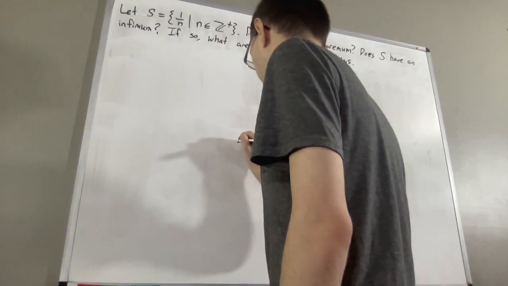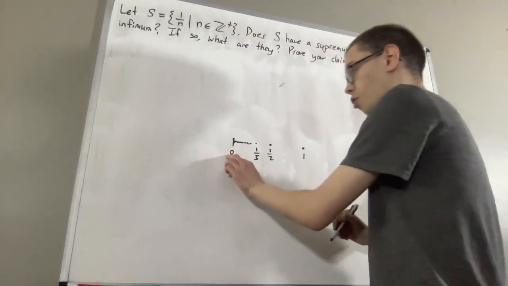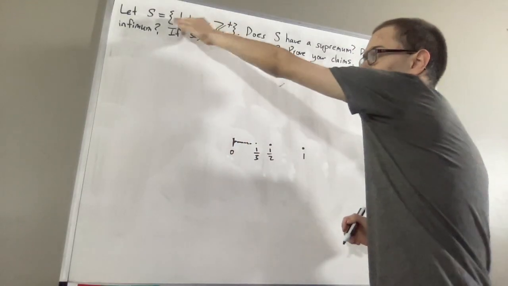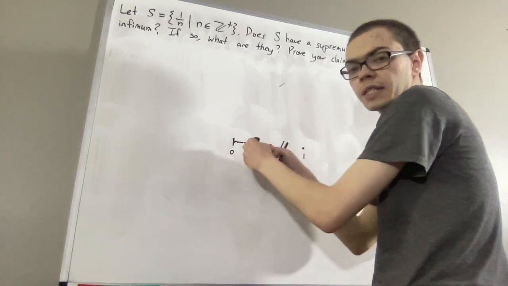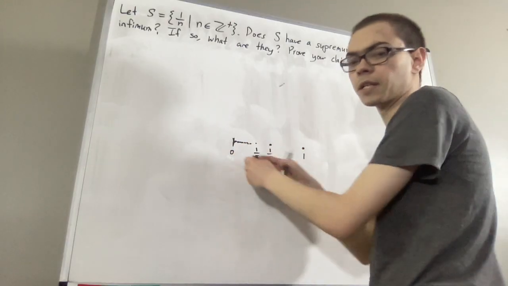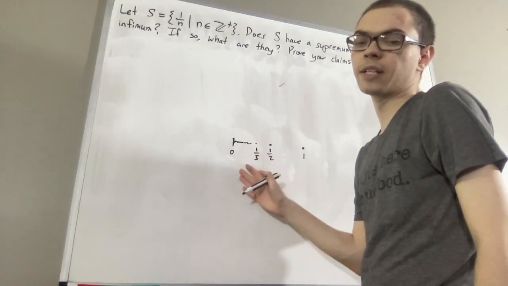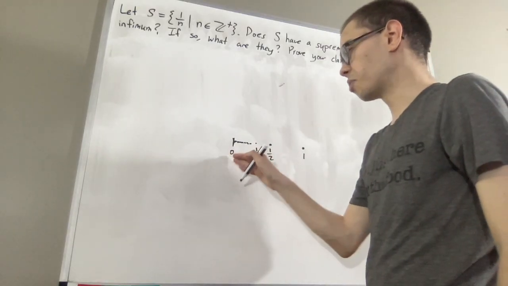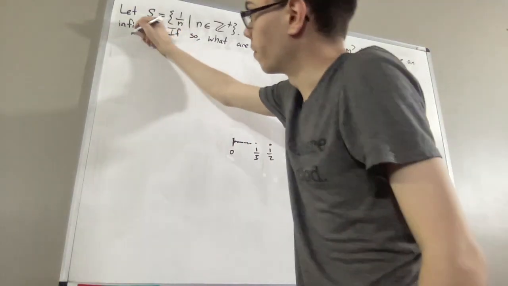1/4, and so on. It seems like we're going to get really close to 0. But 0 isn't an element of the set, right? 0 is definitely less than or equal to every element of the set. In fact, 0 is less than every element of the set. So 0 is going to be a lower bound of the set, but it seems reasonable to claim 0 is going to be the infimum of the set, right?